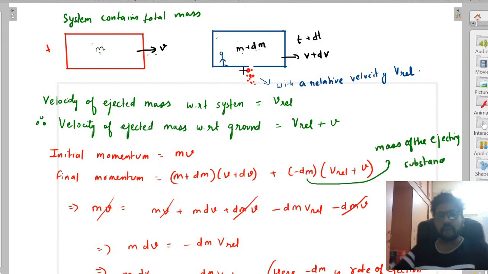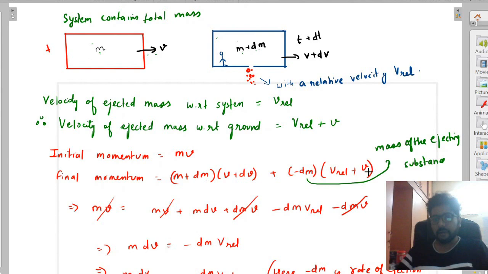Okay, so minus dm into, again, listen carefully. When you are conserving momentum, you need the velocity of the ejected mass with respect to ground. The velocity of ejected mass with respect to ground is v relative plus v. So you will write here minus dm into (v relative plus v).